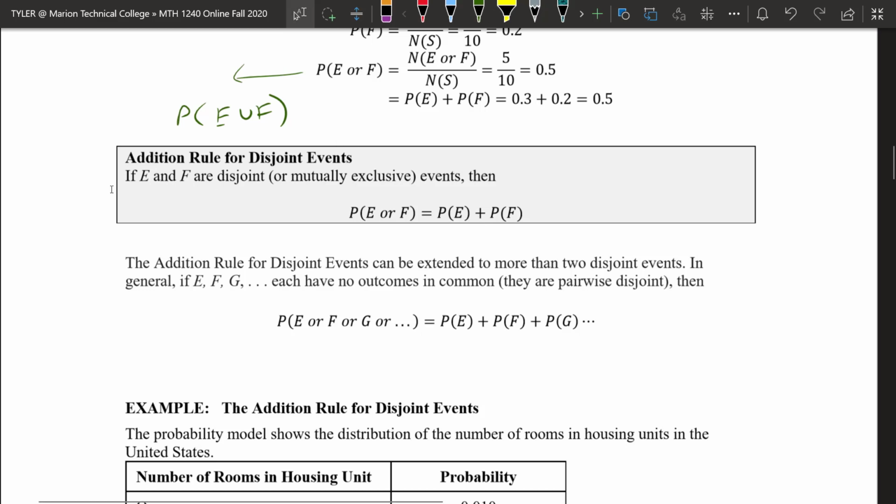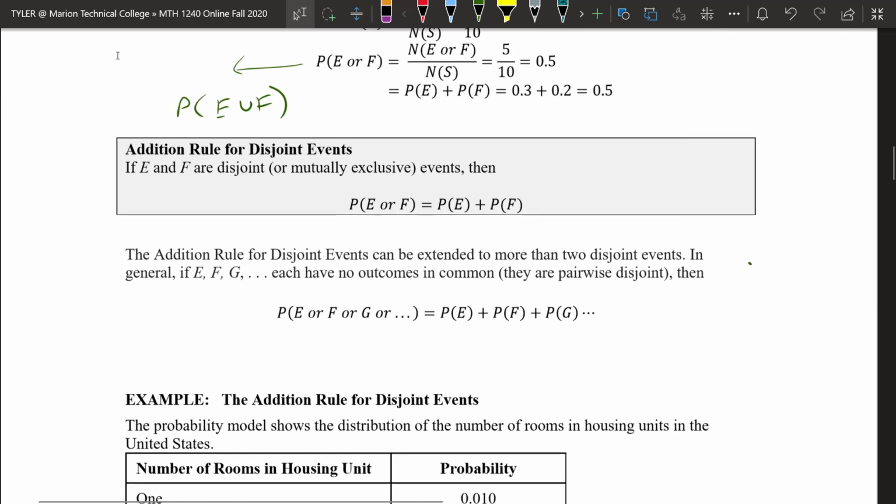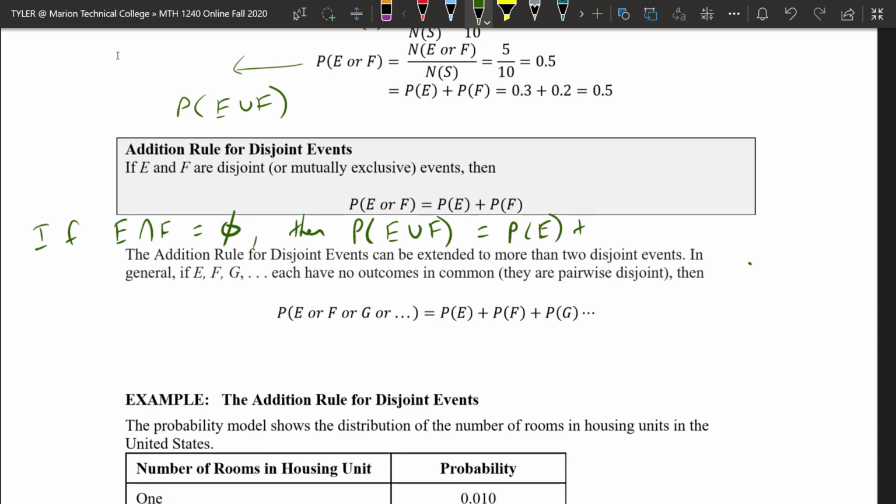So the addition rule for disjoint events is: if E and F are disjoint or mutually exclusive events, then the probability of E or F equals the probability of E plus the probability of F. In other words, we could say if E intersect F equals the empty set, then the probability of E union F is equal to the probability of E plus the probability of F. It's just another way to write that.